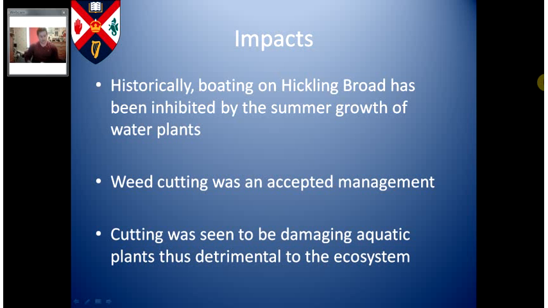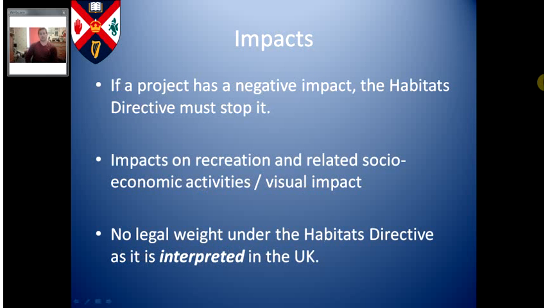What that means then, the English Statutory Nature Conservation Agency thought that this was in direct violation of the Habitats Directive, and because of the no net loss policy, the cutting programme had to stop.